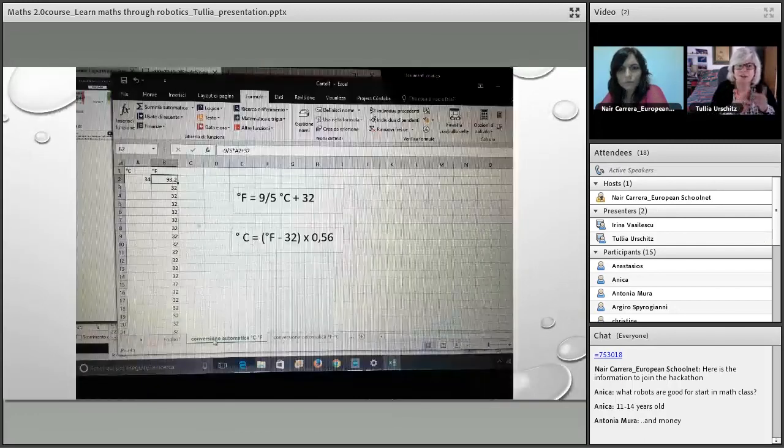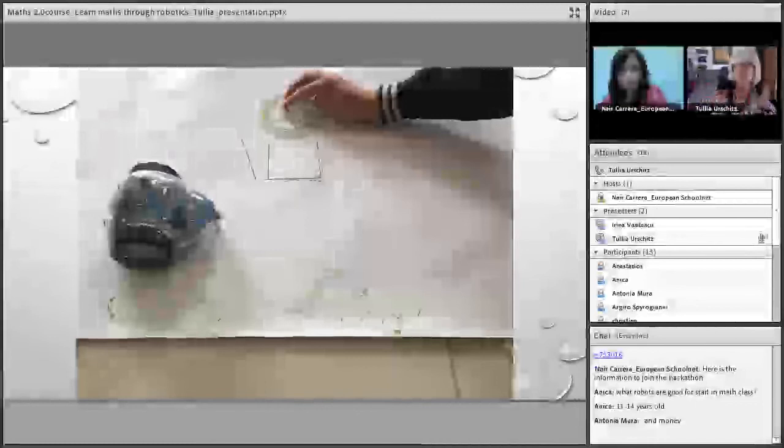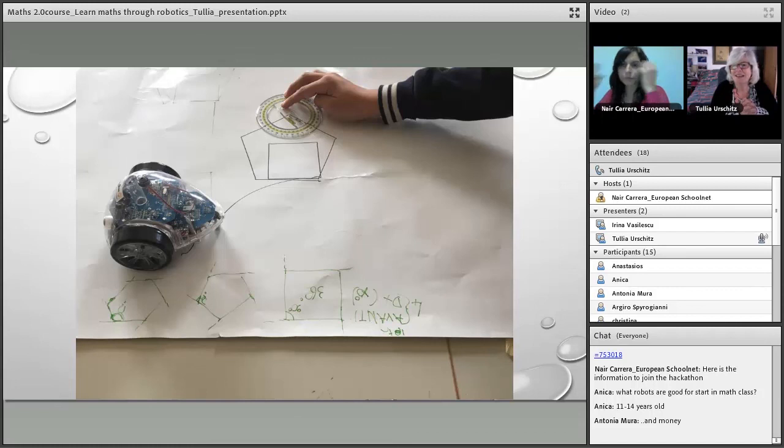Innobot is like the Bluebot, but you can program it really deeply to work with mathematics. Of course, if you work only with mathematics, it's quite boring.